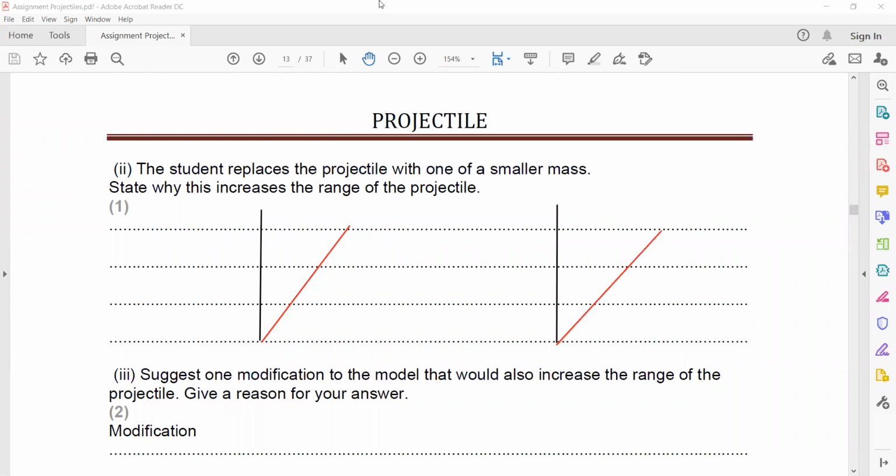So when we change the angle by 30 degrees, the initial elastic strain energy is the same for both, because the rubber is stretched the same. But here we are using, for example, 1 kg, and in another case we are using 2 kg. In both cases, when the projectile is launched from this point A, the projectile will have the same kinetic energy. The formula is kinetic energy equals half mv squared.